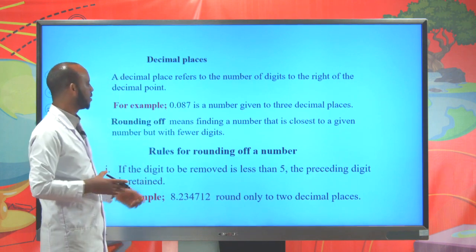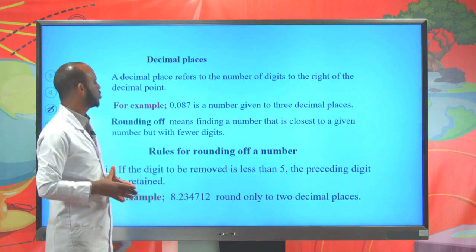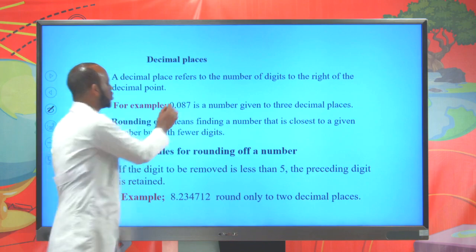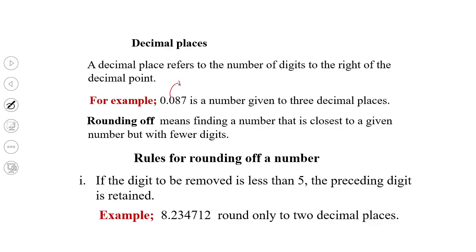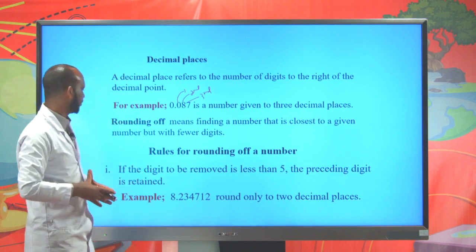For example, a number 0.087 is a number given to 3 decimal places. This 0 is the first decimal place. 8 is the second decimal place. 7 is the third decimal place. Therefore, this number is given to 3 decimal places.